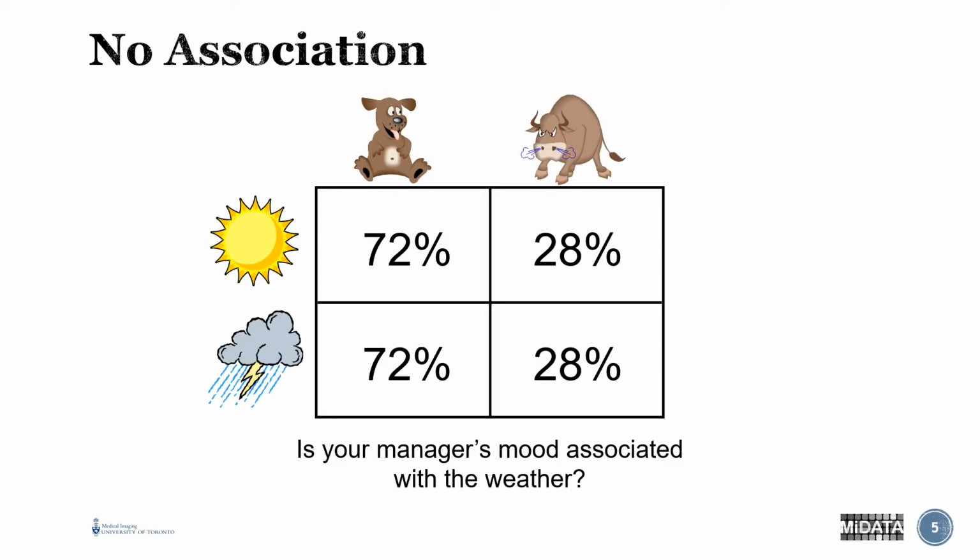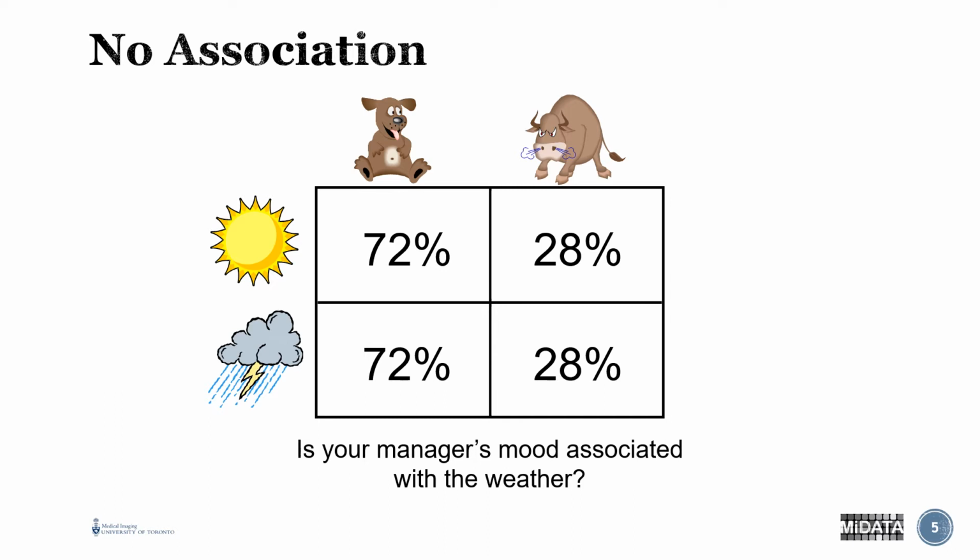All right, let's have a look at a simple example. If you have a contingency table that looks like this, where on the top for your columns, you have happy dog and angry bull, and on your left, your rows are sunny weather and cloudy, stormy weather. The question is, is your manager's mood associated with the weather? If you look at the numbers, when it's sunny, 72% of the time your manager is a happy dog, and 28% of the time your manager is an angry bull.